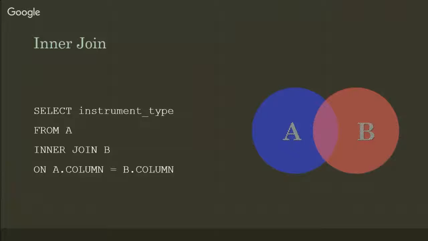It's important to keep in mind that the join criteria is not necessarily what you're looking for. It's just the criteria you're joining the tables on. At the top you say select instrument type, but in the join criteria at the bottom you could be matching serial numbers. You could say, if serial numbers from A have a corresponding value in B, return the instrument types from those. I need to know what types of instruments match between the two.